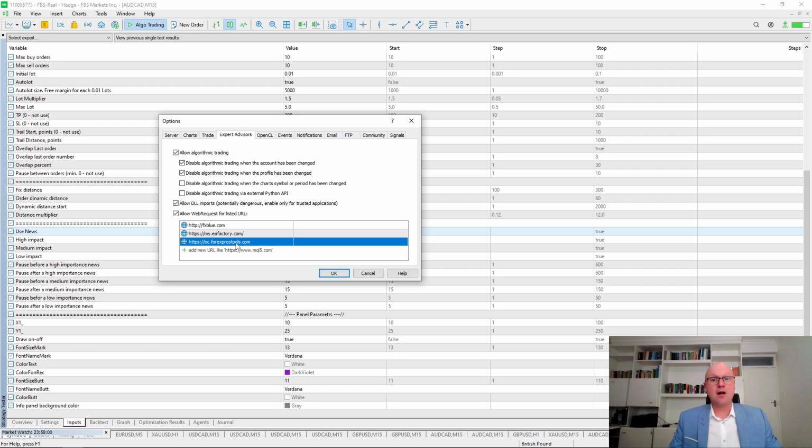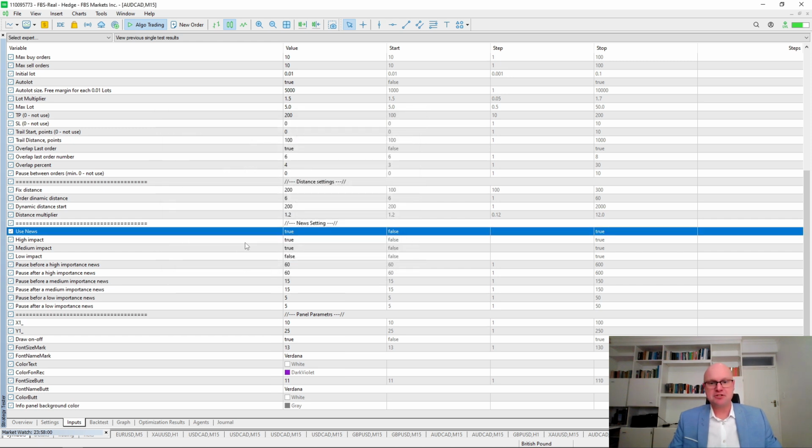What I'll do is I'll also include the beginner's guide for the EA so that you can go through it in your own time and deep dive into the settings that you'd like. So you'll have to add 2 HTTPS links to your settings for you to be able to use the news filter. The EA will also give you an alert telling you if you haven't done it correctly.